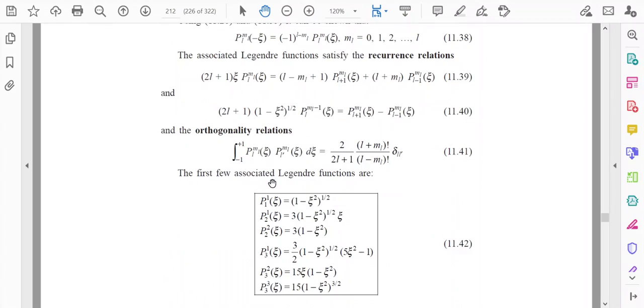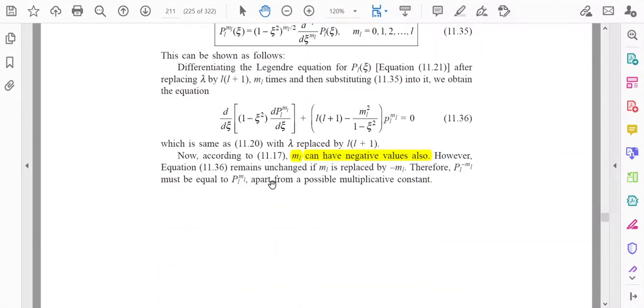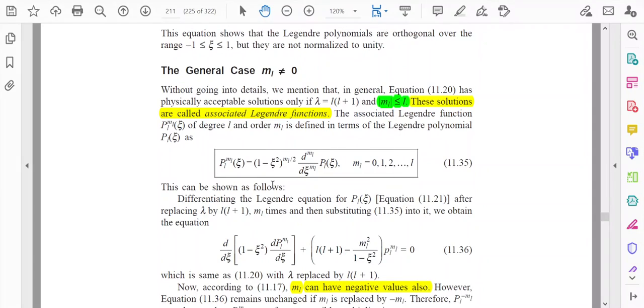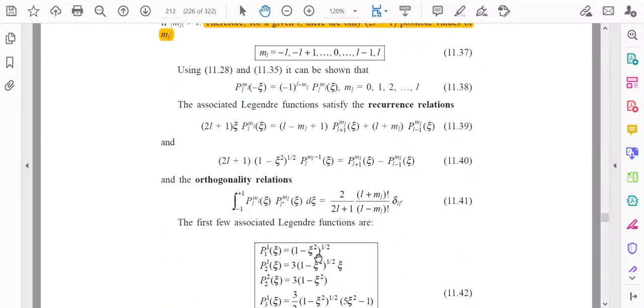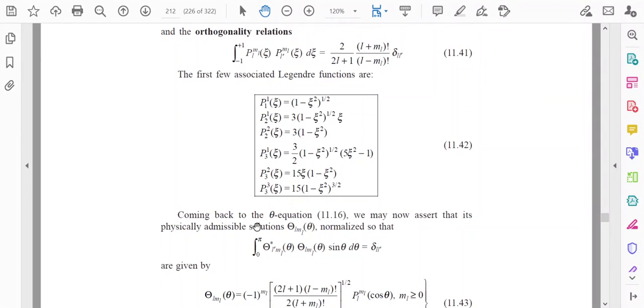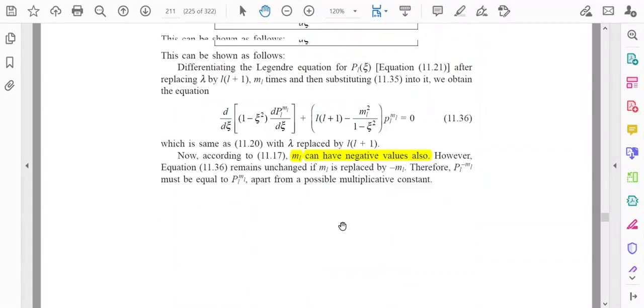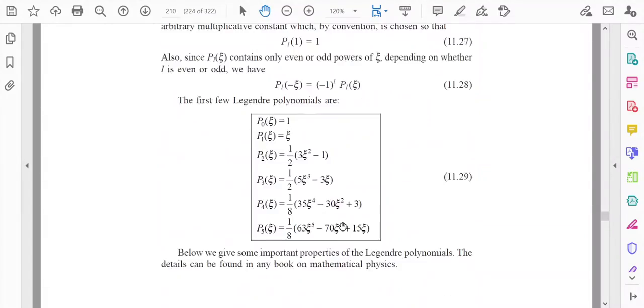So now, when we are concerned with the associated Legendre equation, the solution of this equation will be like this. If we come back to the theta equation, that is 11.16, you see the 11.16 equation again.